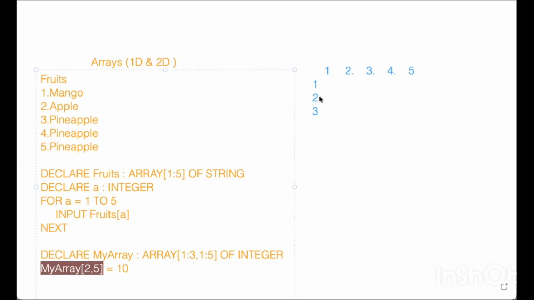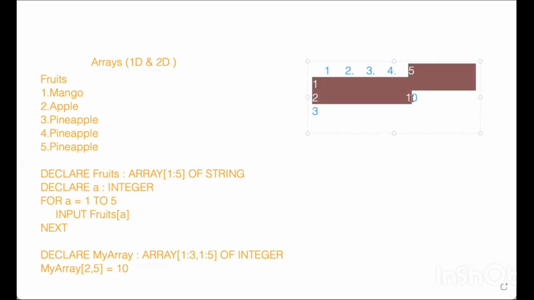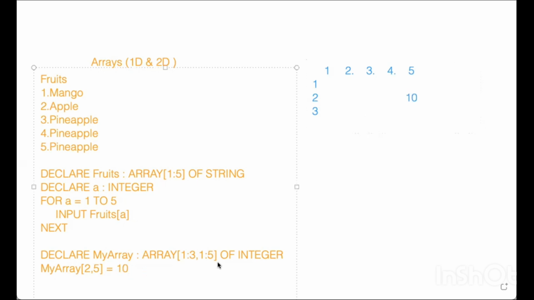So where is it going to be stored? The last column of second row, I guess, where row number is 2 and then it's 5. Yeah, right here. So this is where this is going to be stored. The second row and this fifth column. This is where this value is going to be stored.